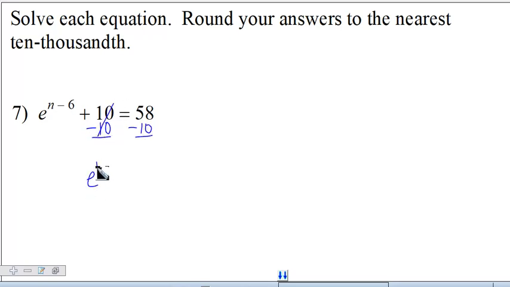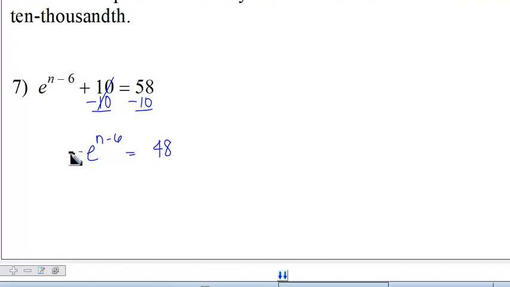Now I have e raised to the n-6 power equal to 48. Just like I did before, I'm going to take the log of both sides. I'm going to bring my exponent to the front as a coefficient, and I'm going to solve.